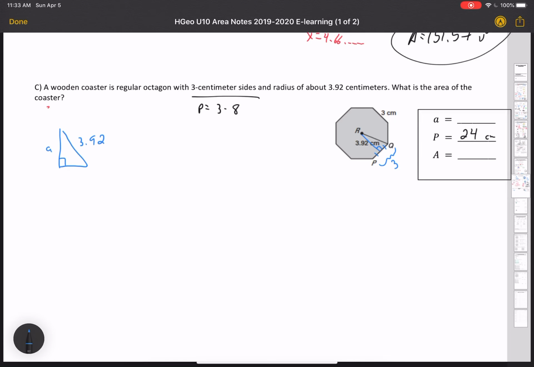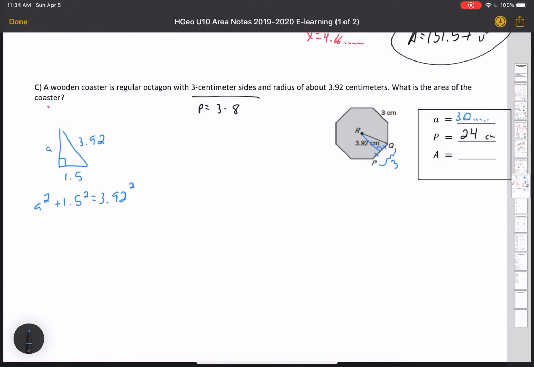And the base of this triangle is going to be half of 3, or 1.5. So now I can set up my work in order to find the length of the apothem. 3.92 squared minus 1.5 squared. I'm going to take the square root of that. And I'm going to get that my apothem is 3.62 and so on.